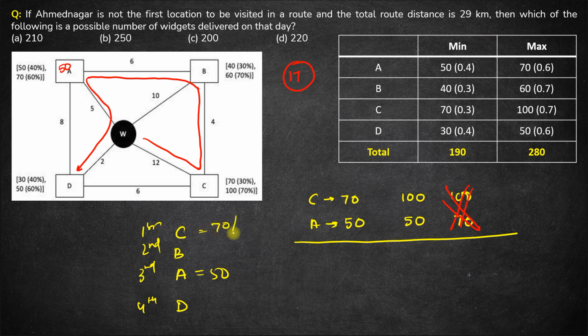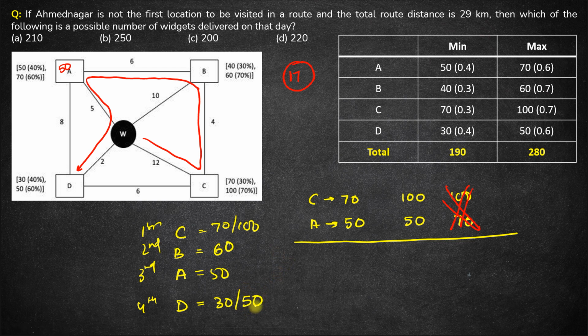Demand at B cannot be equal to 50, so it has to be greater than 50, which is 60. And demand at D should be less than or equal to 50. So it can be either 30 or 50.